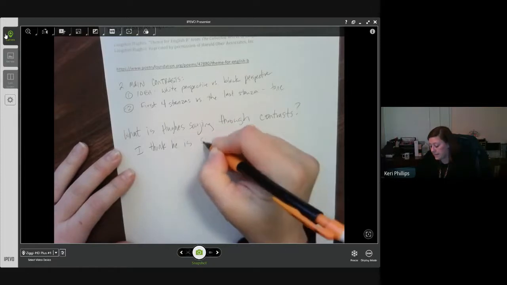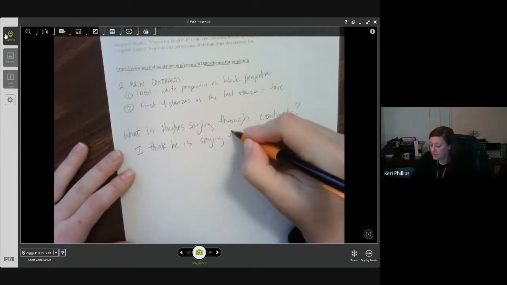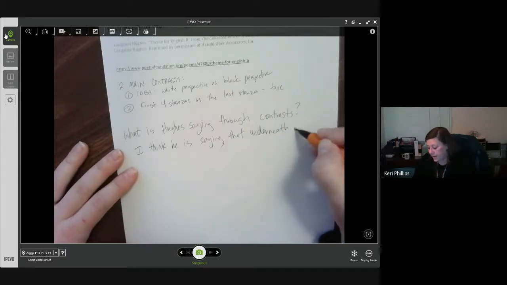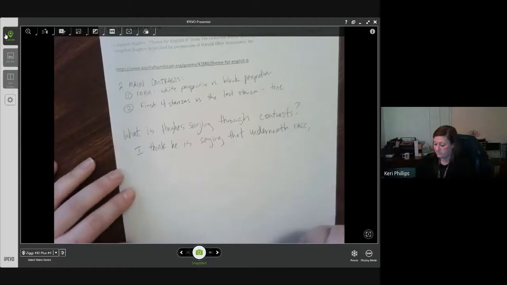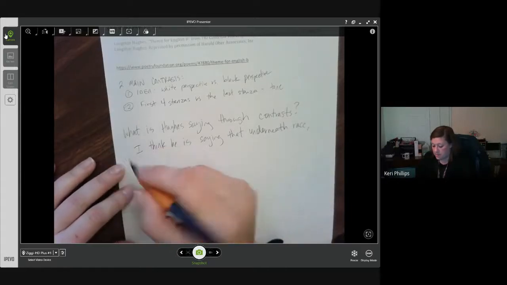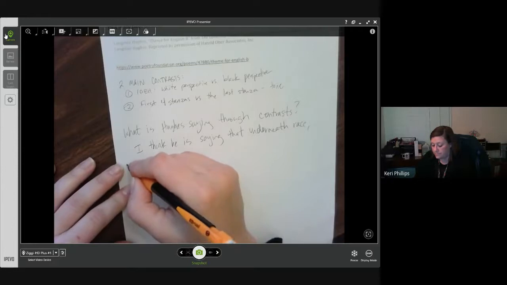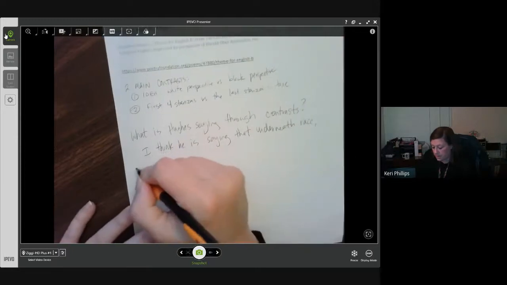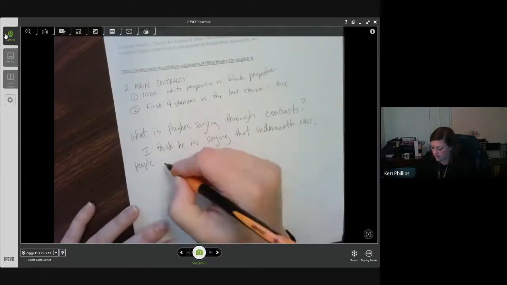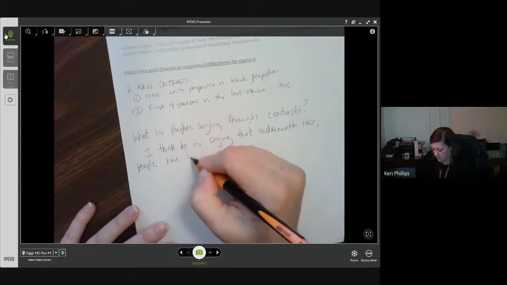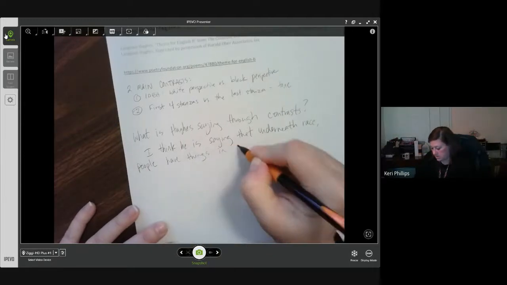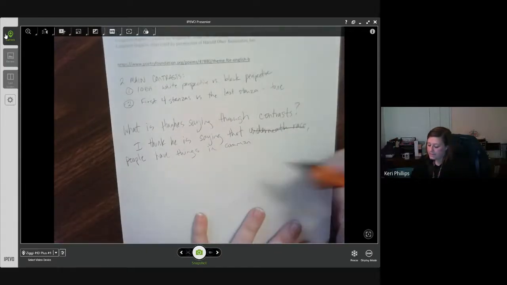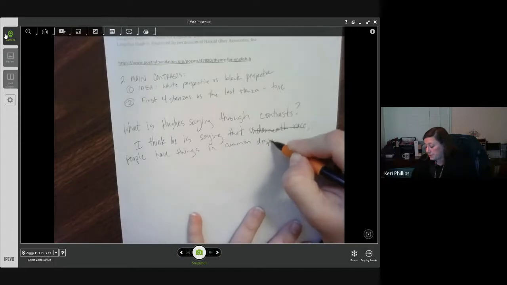I think he is saying that maybe underneath race, like, I mean, underneath the surface of the skin, I guess I could say people have things in common despite race.